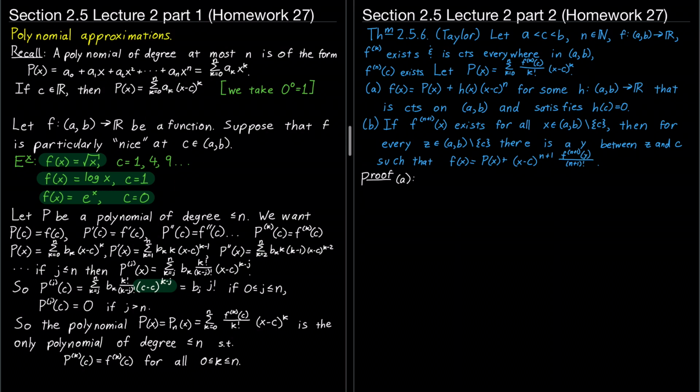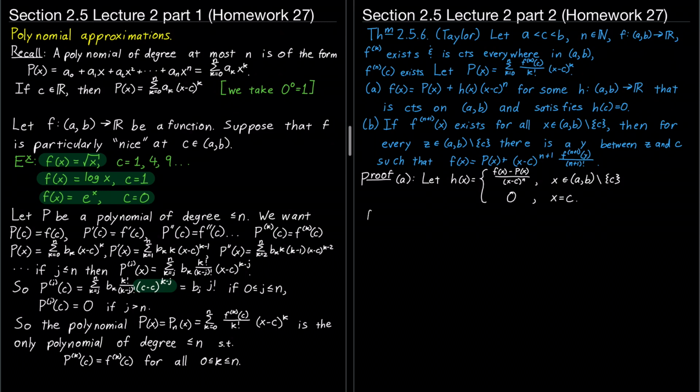So here's part A. First off, let's define h of x. It's exactly the function you think it's got to be. It's going to be f of x minus p of x over x minus c to the n if x is in the domain of f and is not the point that would make us divide by 0, and it's 0 at our point c.